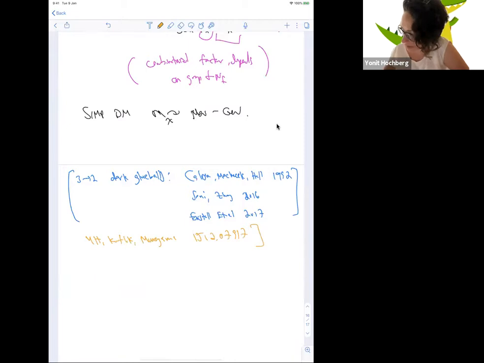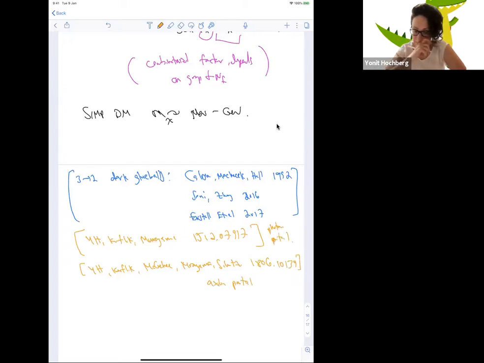So this is going to be the dark photon, and using an axion was a paper with Kuflik and McGee and Murayama and Schutz, and that's 1806.10139. So this one is the axion portal, and this one is the photon portal, which we're going to talk about now.